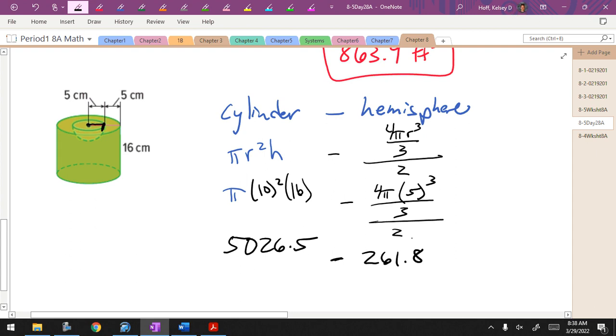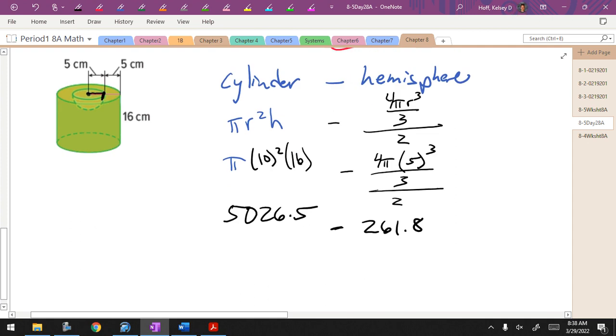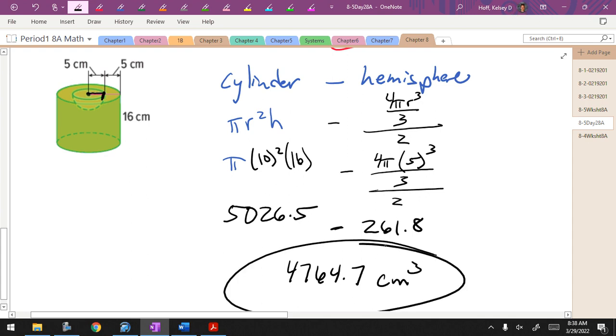And when you subtract those, 5026.5 minus 261.8. Courtney? 4764.7. Label: centimeters cubed. Are we feeling a little more confident than yesterday?